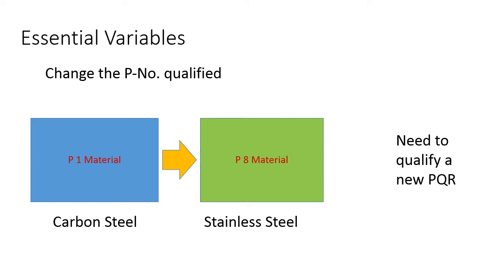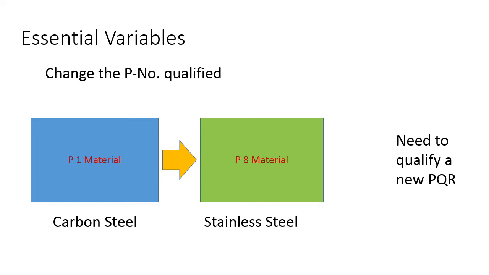Let's say I go from a carbon steel P1 material as my base material, and I leave everything else the same, the welding process, the filler material, everything, and I go to a P8 material, an austenitic stainless steel material. I need to requalify the weld procedure.